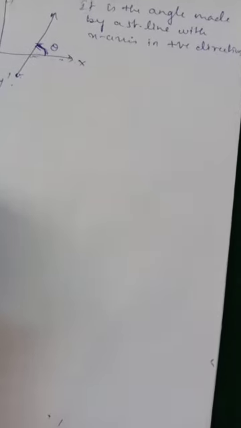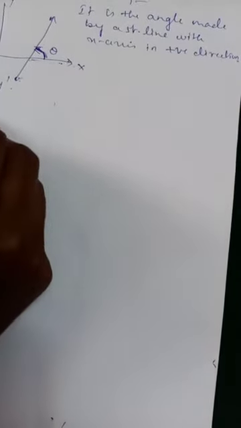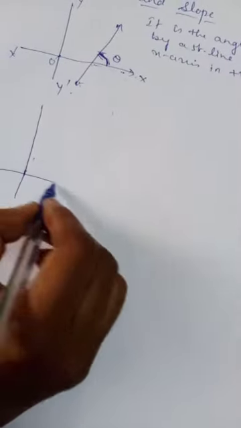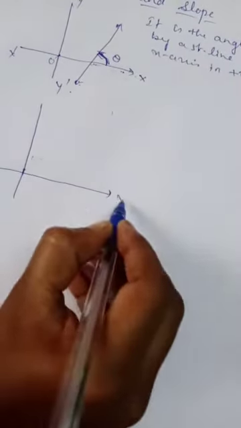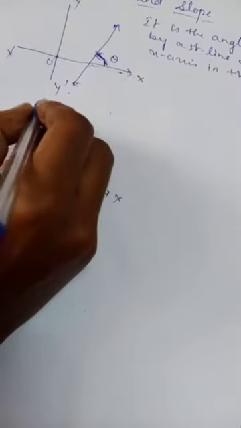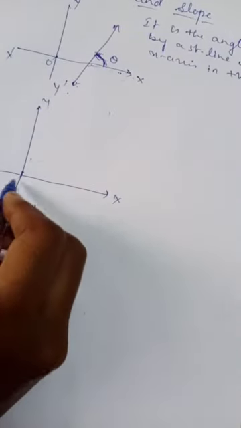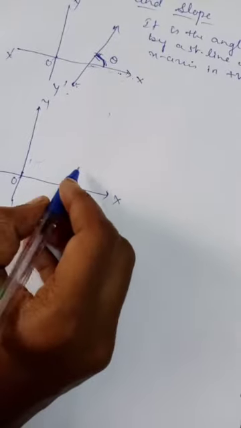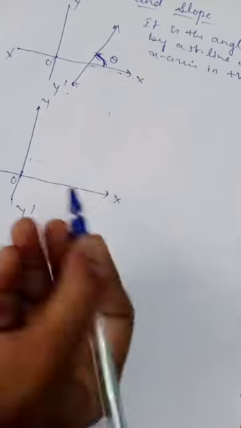Here I'll take one more example. This is a coordinate axis, x dash, y and y dash. This is the origin. So you see, here I consider another example. Where is the inclination here?